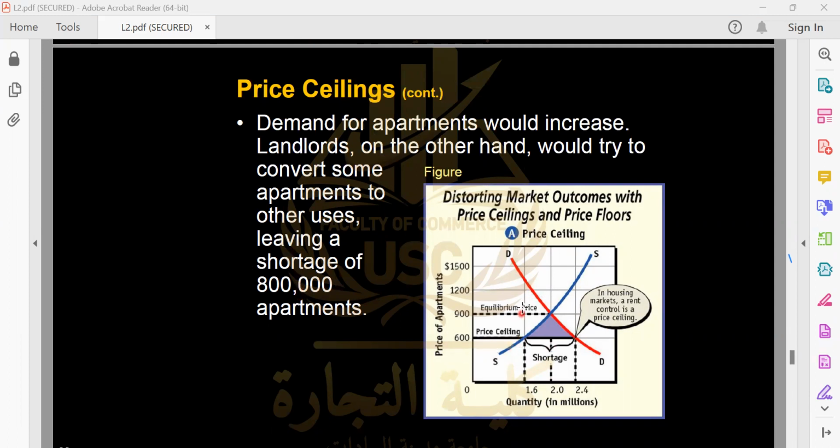So this area, we can call it a deadweight loss.